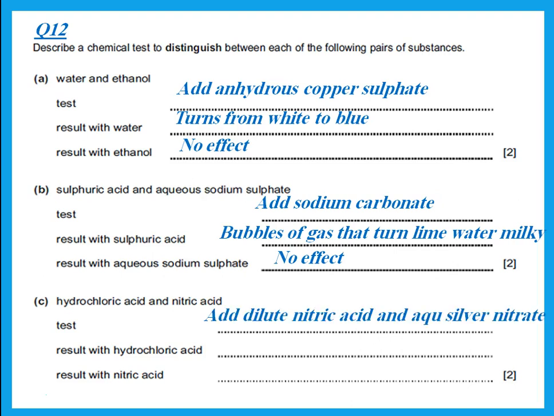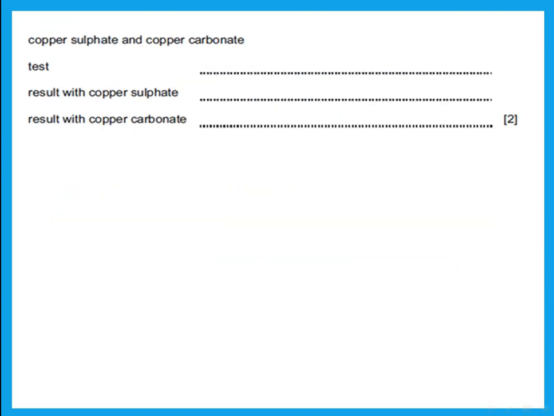So I can say, for example, add dilute nitric acid and aqueous silver nitrate. Now this is test for which one? You should remember that this is test for chloride. So the acid that has chloride will give me white precipitate. The acid that does not have chloride will have no effect.